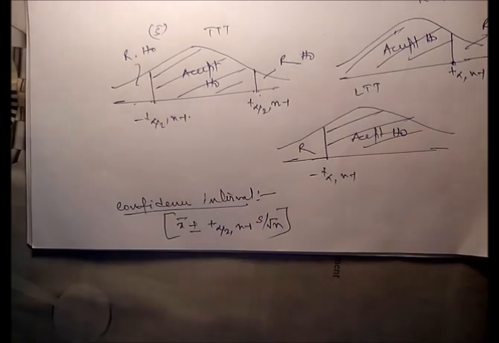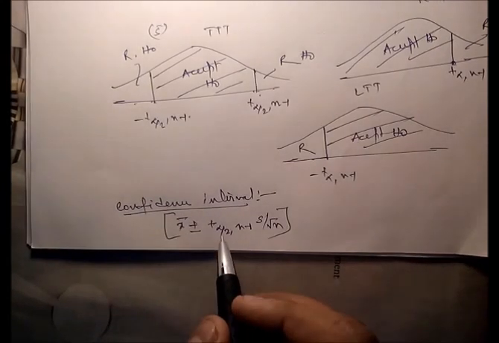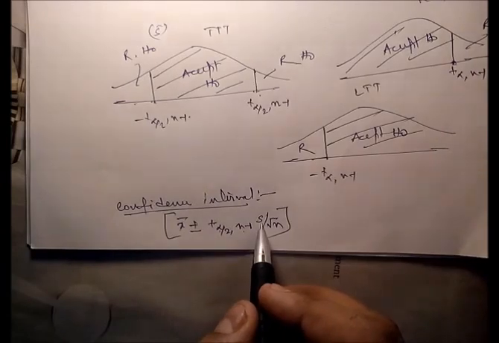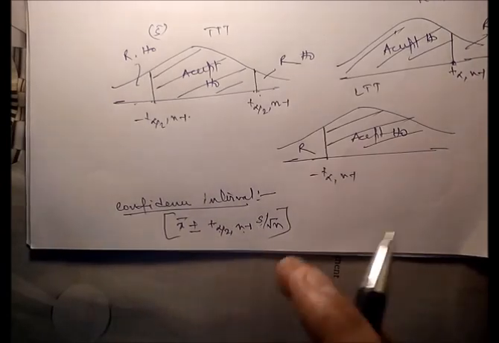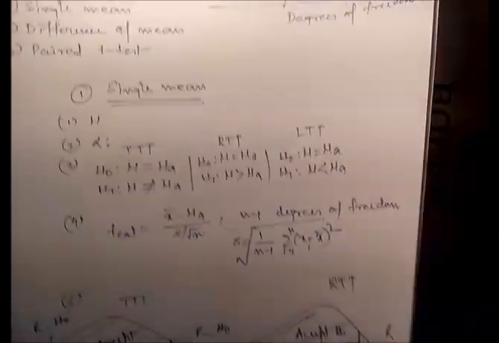So this is our confidence interval, where x bar is the sample mean, alpha is the level of significance, n is the sample size, and s is the sample standard deviation. And already you know how to calculate the sample standard deviation.